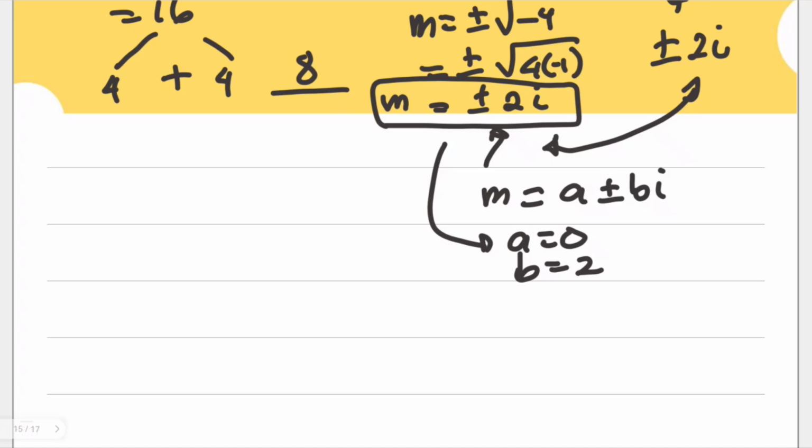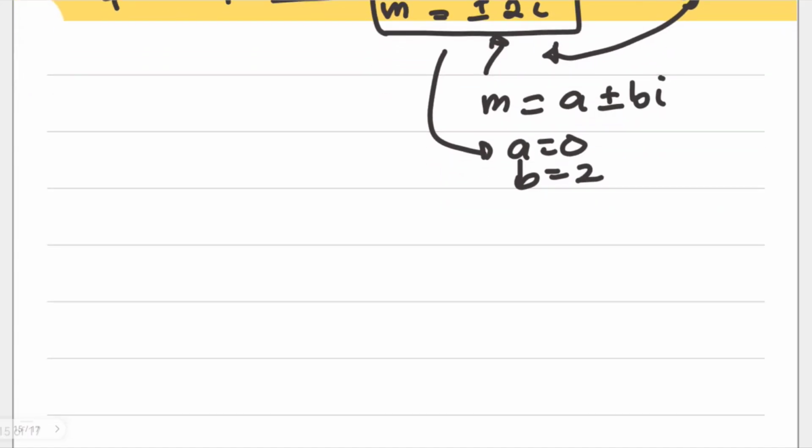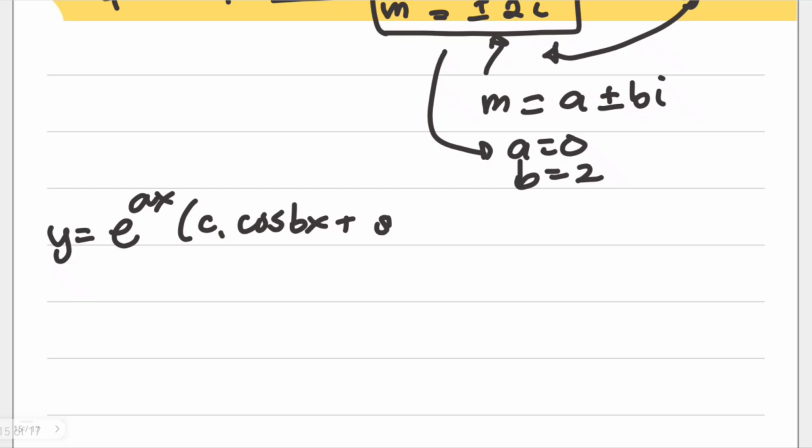Take note of that, because we are going to use the general form: y is equal to e to the power of ax times c sub 1 cosine bx plus c sub 2 sine bx. That's for imaginary roots.